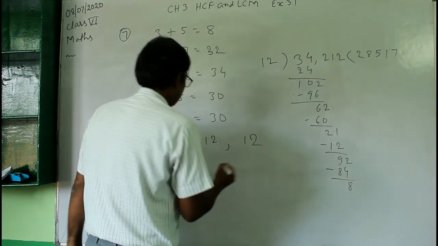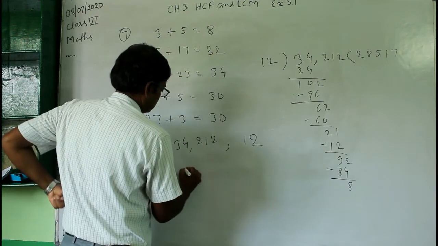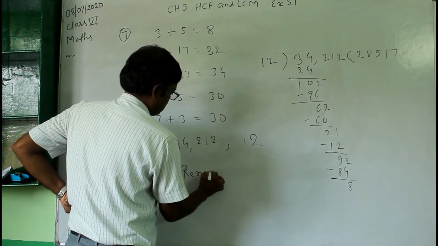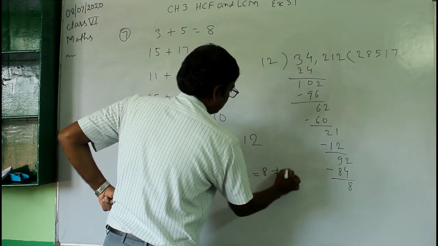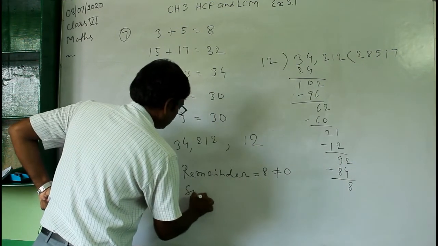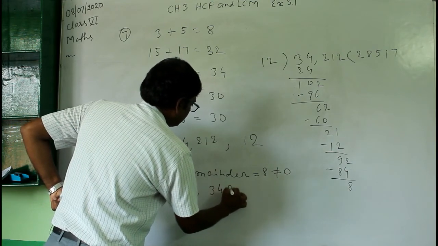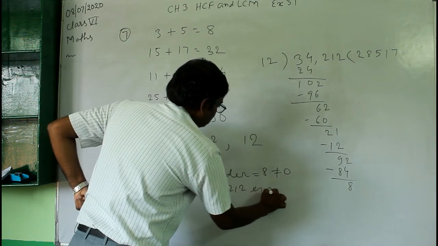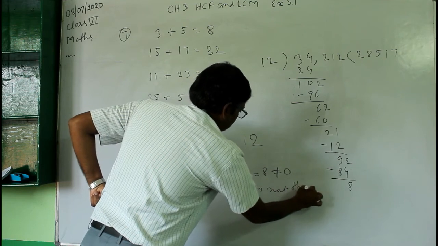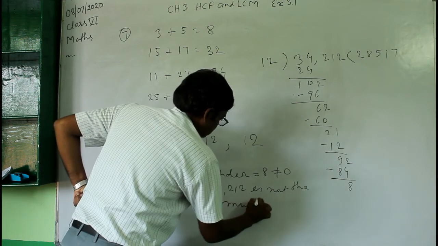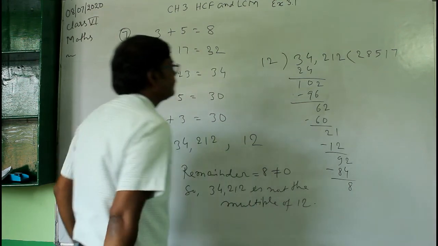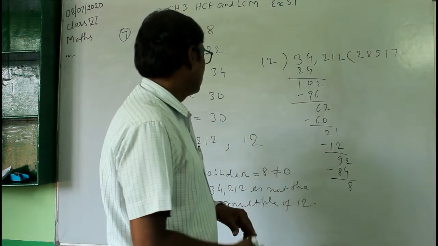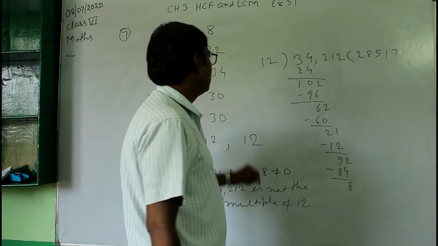So here in this case it is not equal to 0. So 34,212 is not a multiple of 12. Okay, this number is not a multiple of 12.